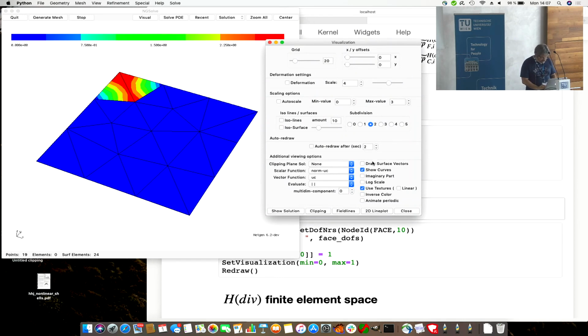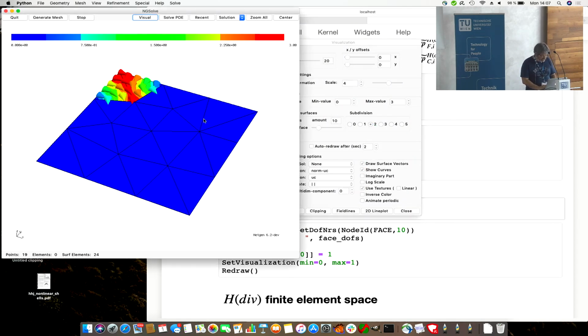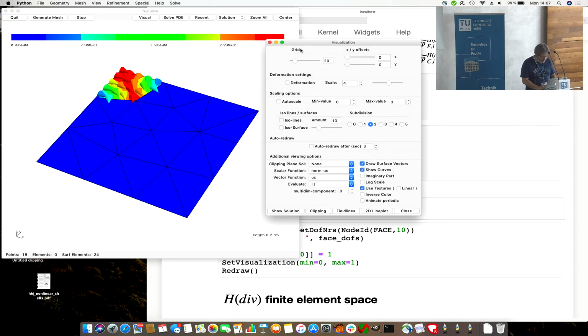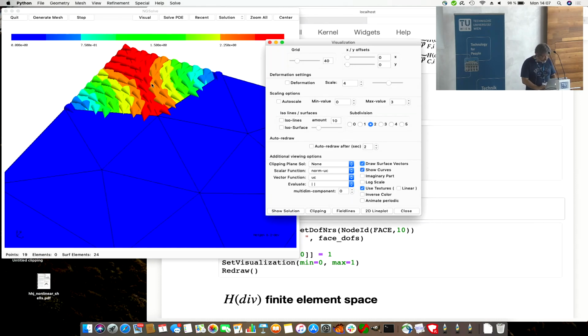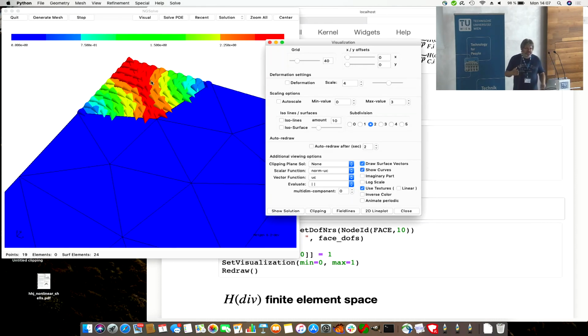You see, if we activate vectors, I'm plotting vectors on the surface, the 2D domain. You can refine the vector grid. Okay, and this is the first edge basis function. And we see this, if you know it.